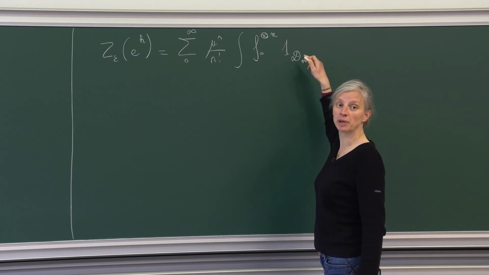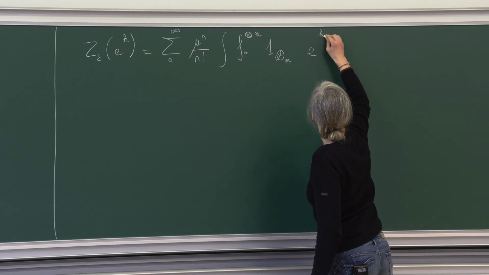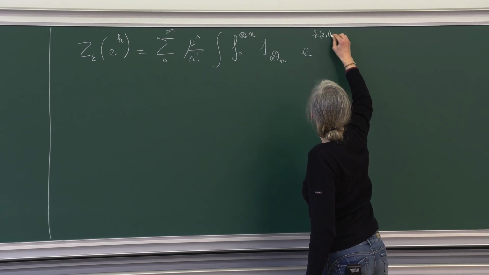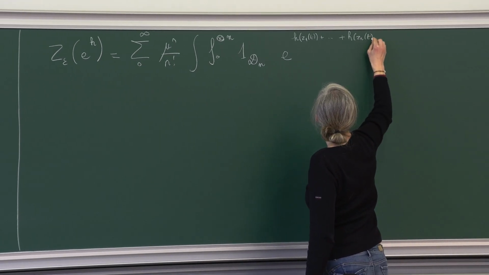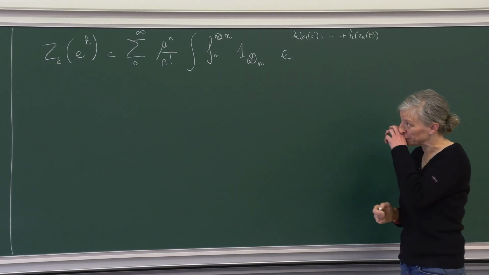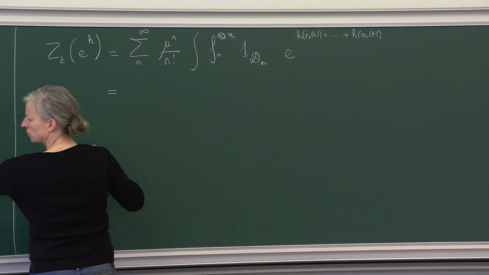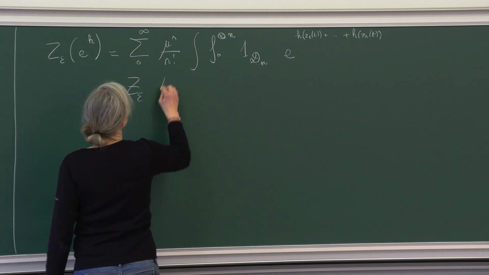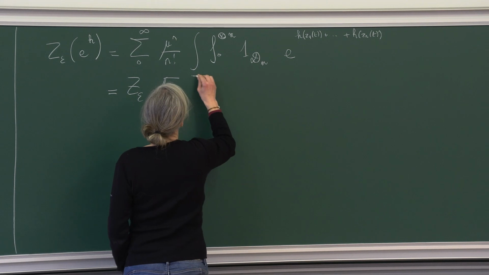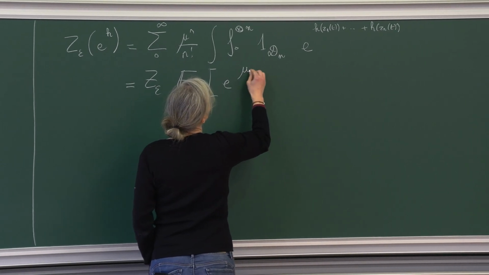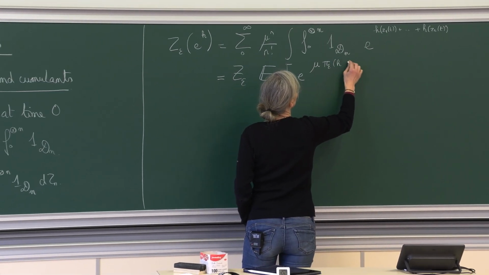And now I look at the expectation somehow of the exponential moment. So I will look at the exponential of h(z_1(t)) plus ... plus h(z_n(t)). So somehow this is just, up to the Z_epsilon here, the expectation of this exponential, say, exp(mu times pi_epsilon(h)) at time t.